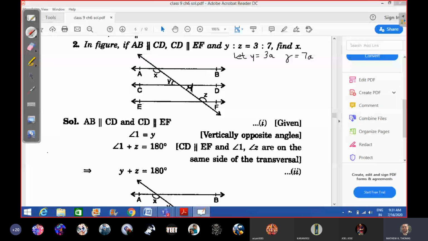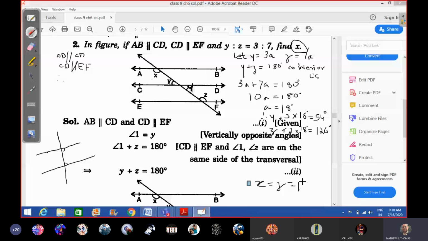So if AB and EF are parallel, then what happens? X and Z will be equal. So after you get this, we can say therefore x value is equal to z equal to 126. What is the reason that x and z are equal? X and z are alternate angles.